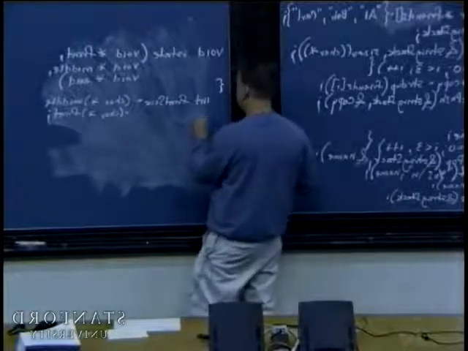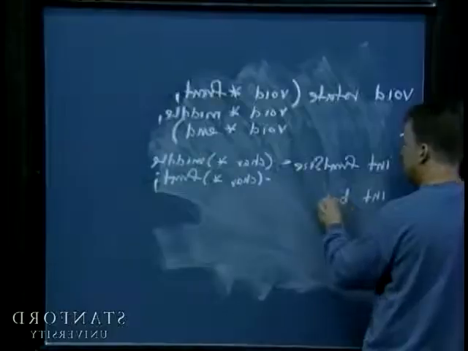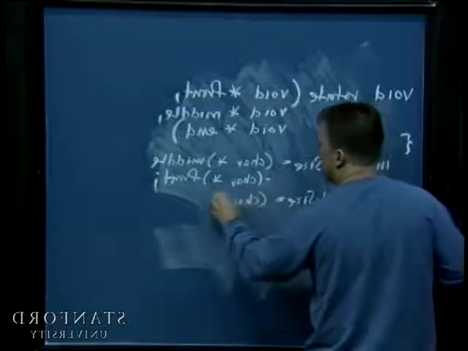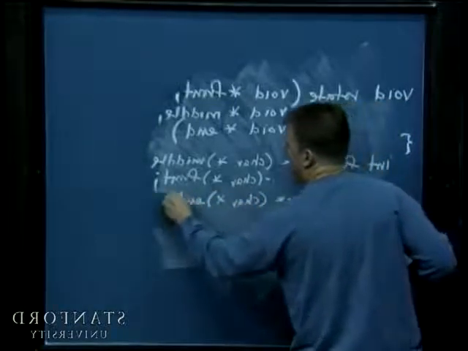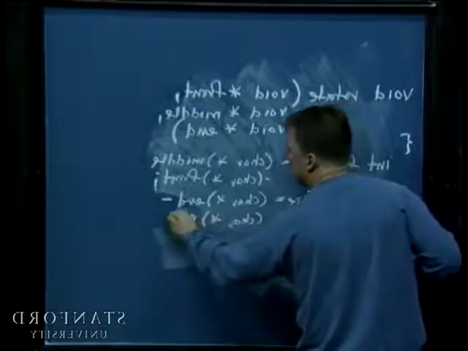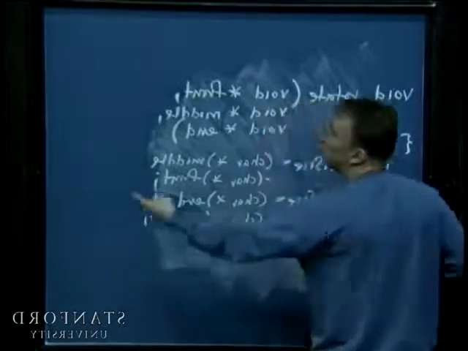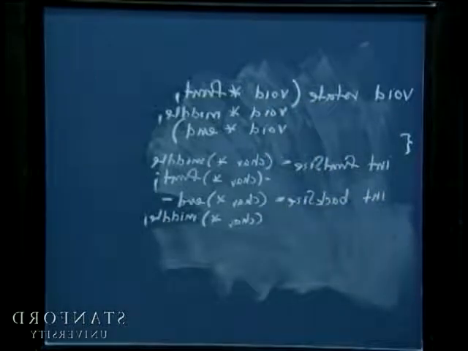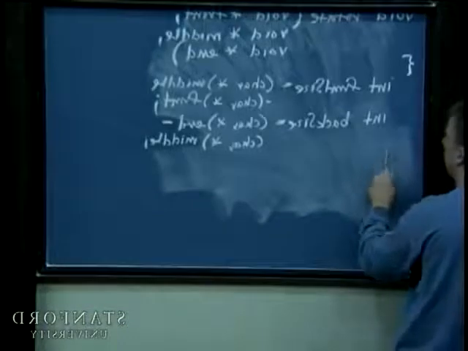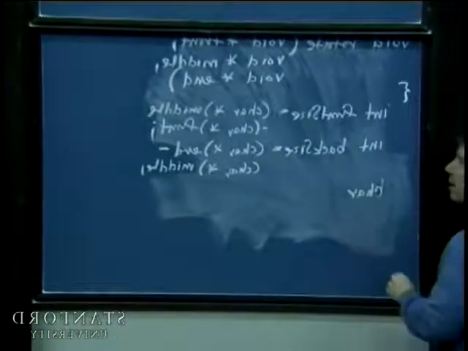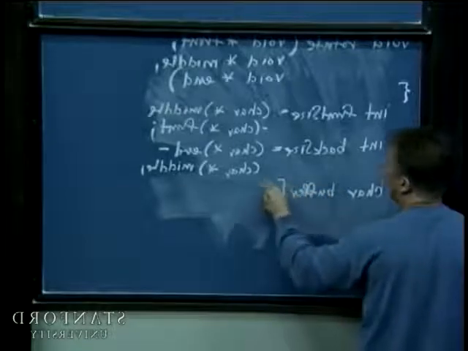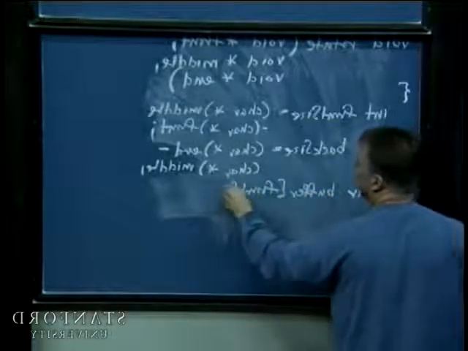I want to do the same thing with end and middle. So at least I know how big the two regions are. What I can do now is I can declare a raw buffer, just like I did with the generic swap function, char buffer, and I can allocate it to be of size front size.